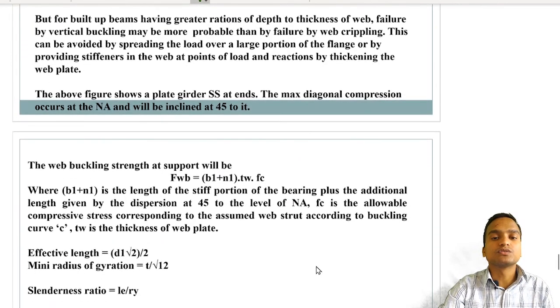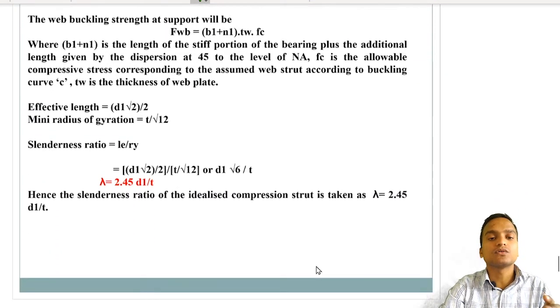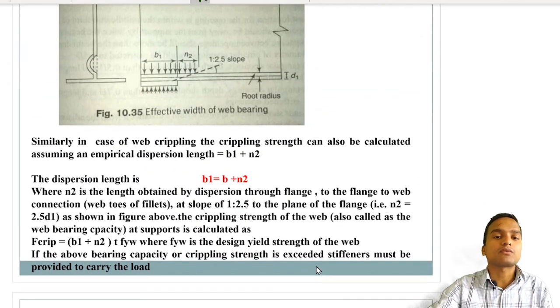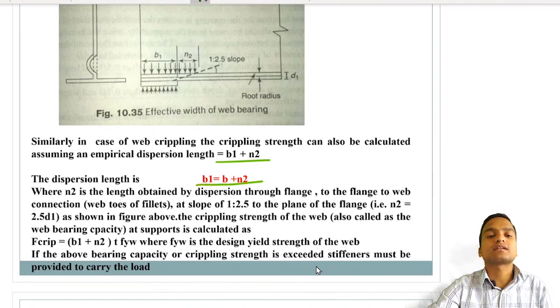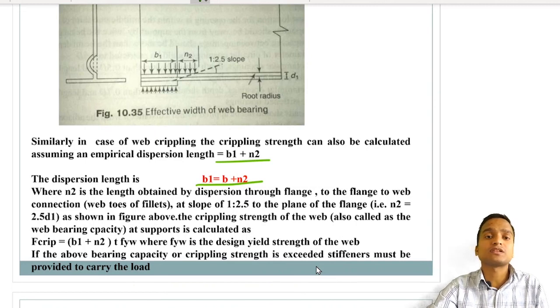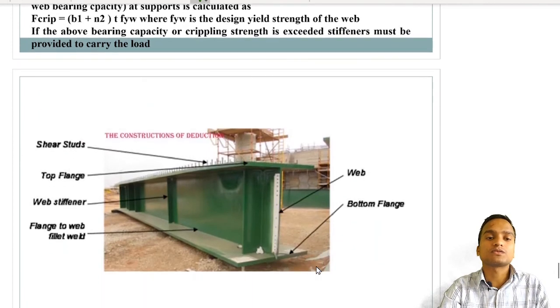So this is how we calculate different dimensions and slenderness ratio in the case of web buckling, and in case of web crippling we calculate this empirical dispersion length, and all these lengths are calculated specifically in the design of web buckling and web crippling, which is of course beyond the scope of the syllabus, so we are just touching an introduction to these terms also in case of design of beams.